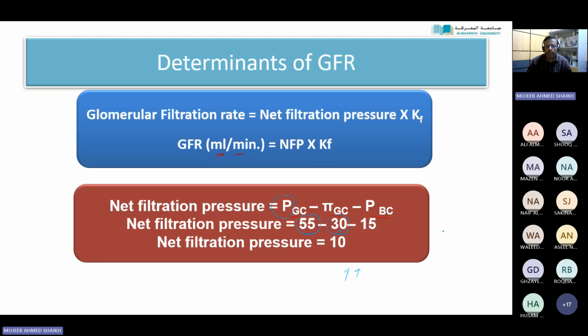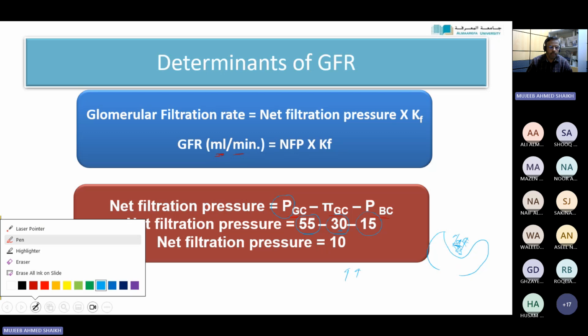And once the fluid enters the Bowman's capsule, this also has some pressure, but in this direction, an opposing force, and this is around 15 millimeter of mercury. Now, let me draw the diagram again.